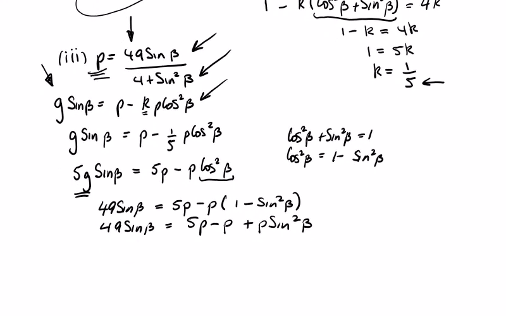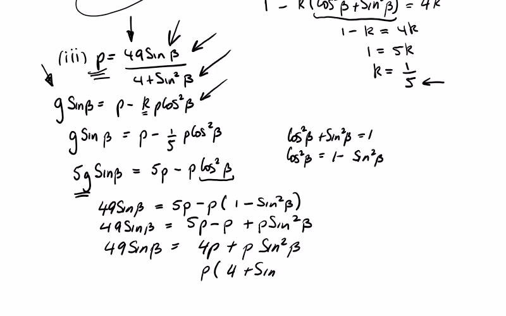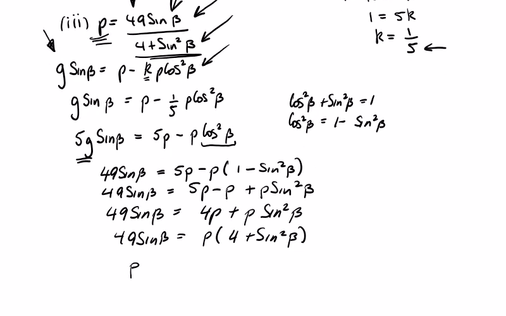We're looking for p equals, so 49 sine beta, which is what we're looking for on top, is equal to 4p plus p times sine squared beta. So take the p out, and we're going to get 4 plus sine squared beta, which is what we're looking for on the bottom. So just tidy it up, and we'll have the solution. We're going to get p is equal to 49 sine beta divided by 4 plus sine squared beta.